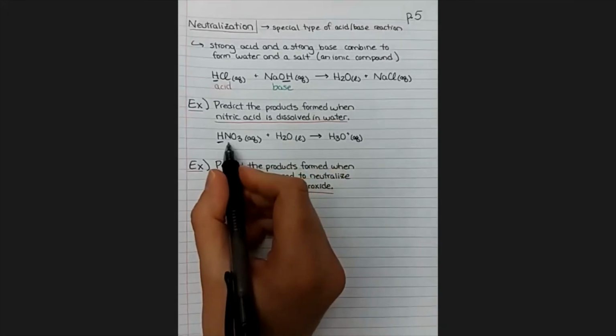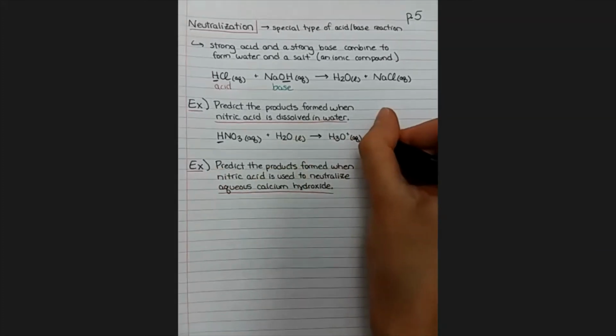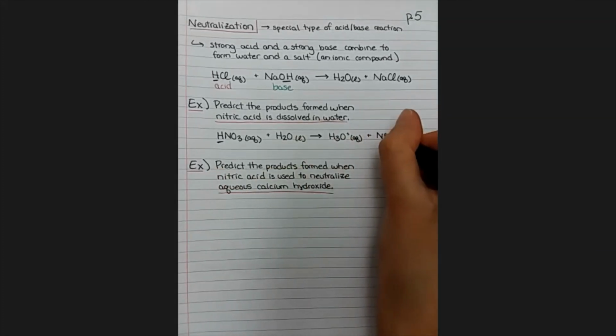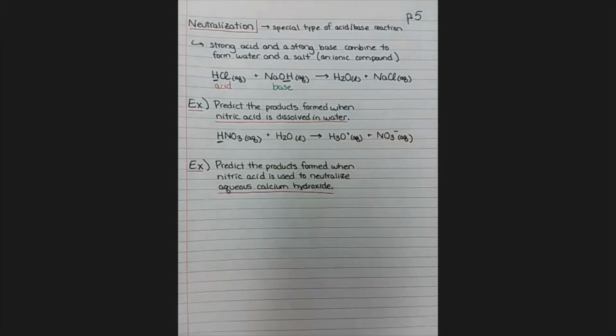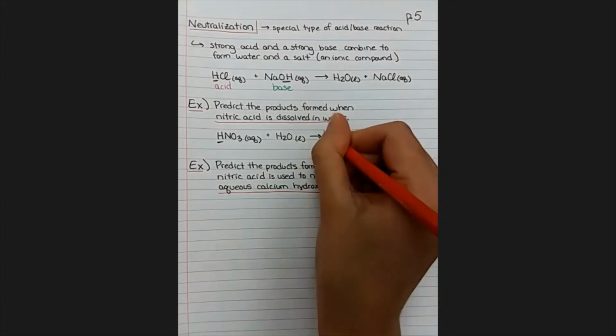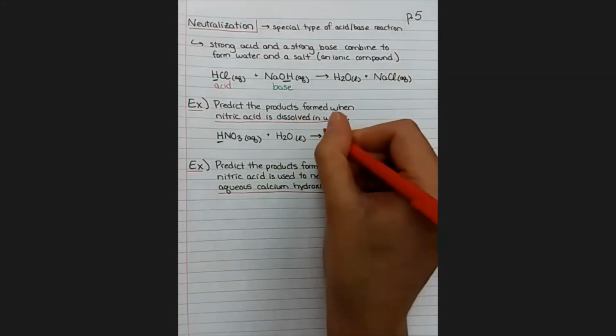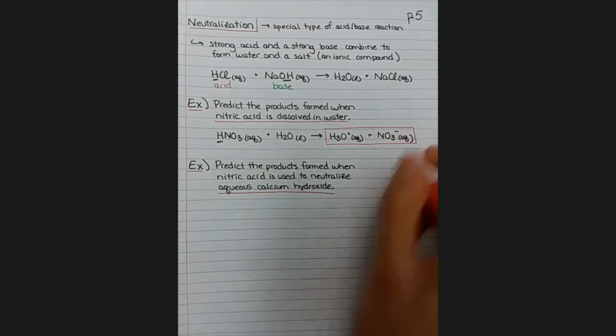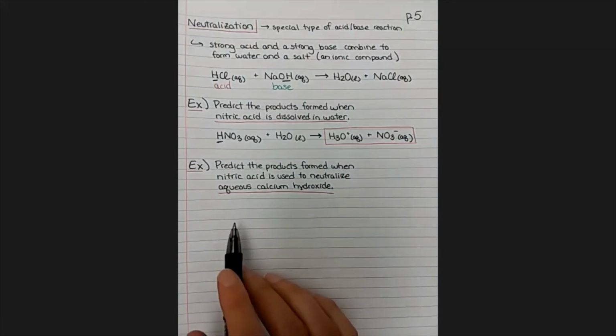And then the other half, the anion half of the acid, is left. So we'll have a nitrate ion dissolved in solution at the end. So these are the products that would be formed from that dissolution. Let's try the next one.